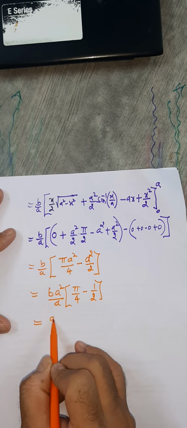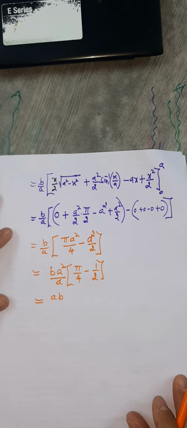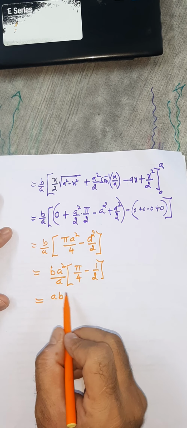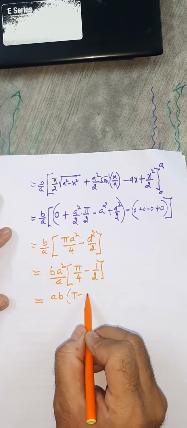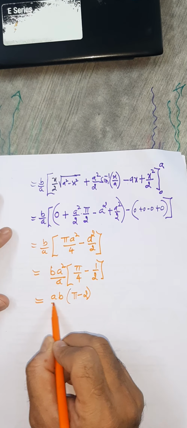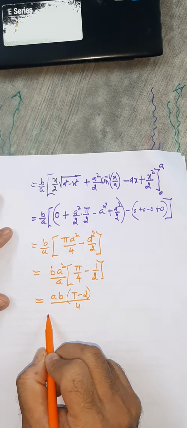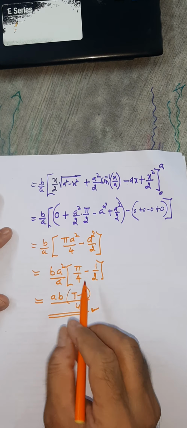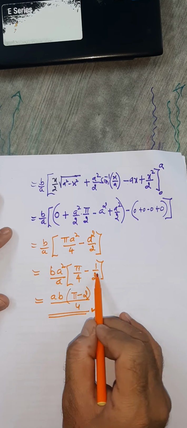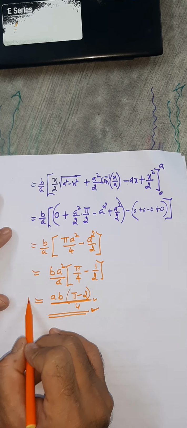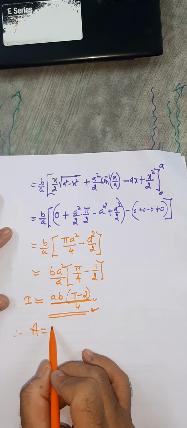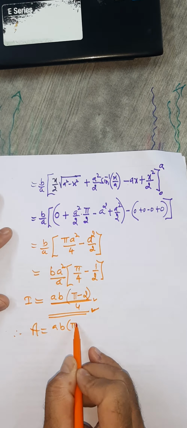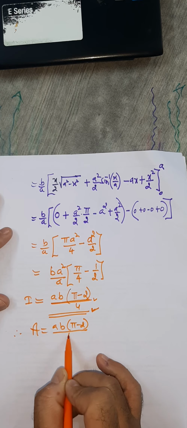So here you are left with just ab. What about this? This is pi minus, if I take 4 LCM, pi by 4 minus 2 by 4. That's the required integral, (pi minus 2) by 4. This is your I. And therefore, this is always positive.